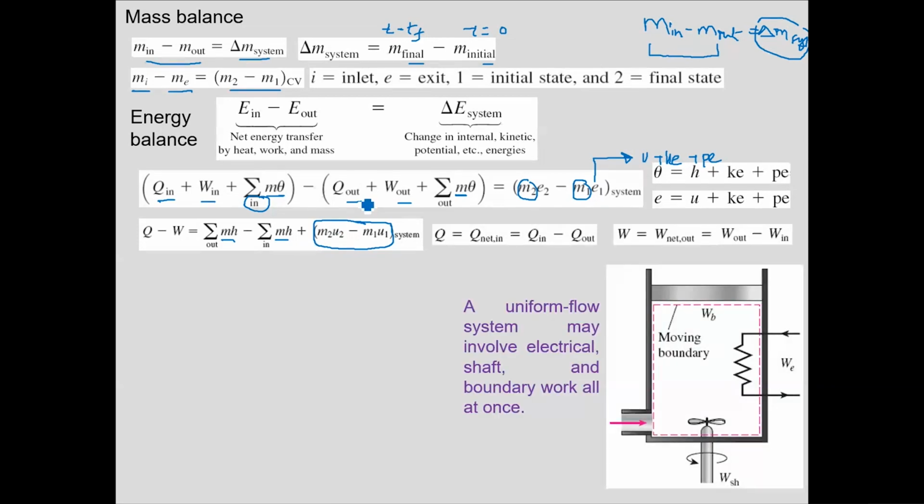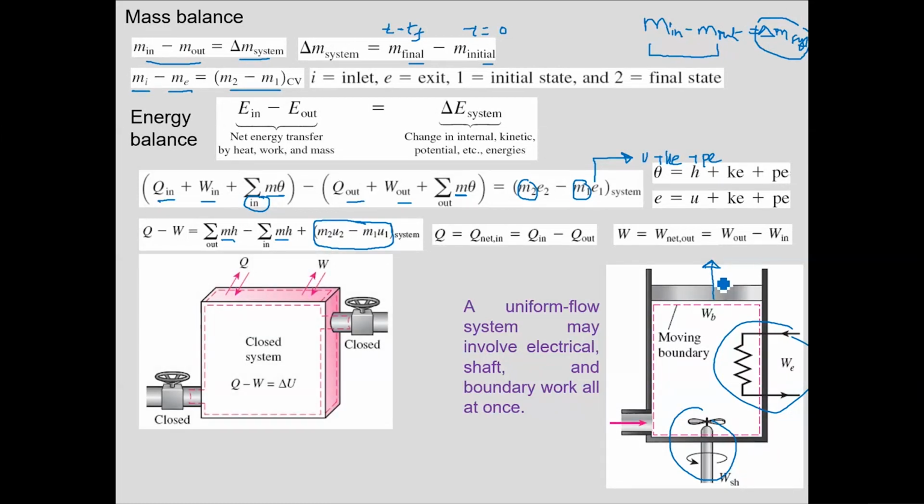Again, a uniform flow process may involve electrical work, shaft work, and the boundary work associated with the system. If you look at this equation, if I have closed the inlet and the outlet, there is no mass flowing into the system.